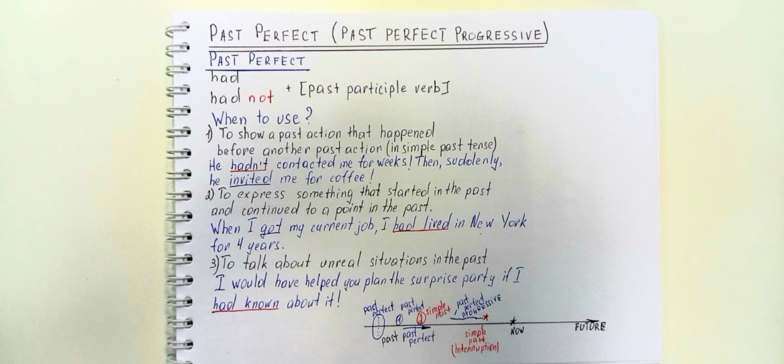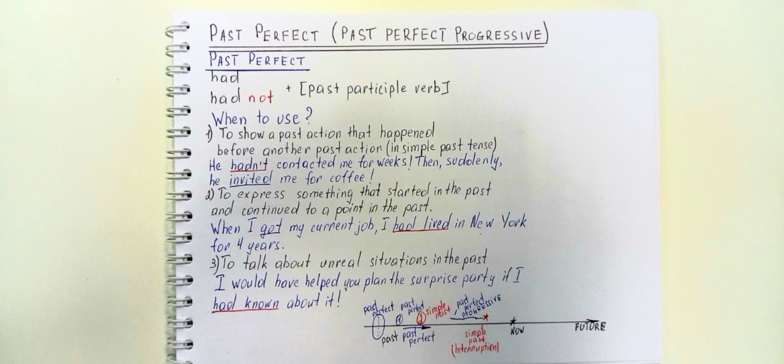So, to kind of visualize this, I want to look at this part right here on my timeline. I have a timeline that goes from the past here to the present now and up to the future. So here in this part, I want to look here for this number 1 of past perfect.